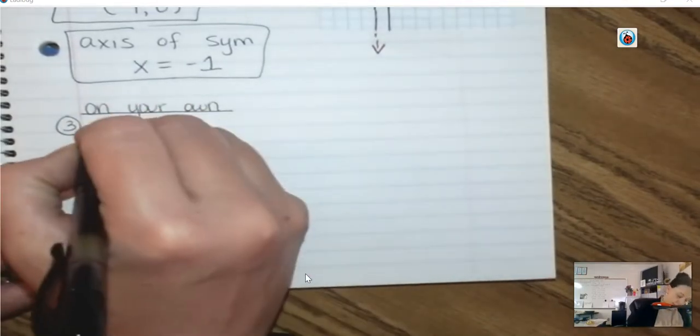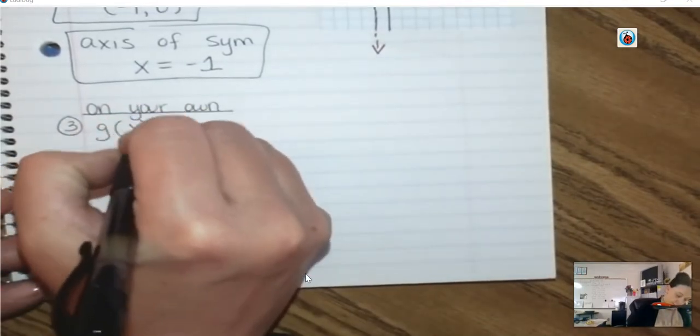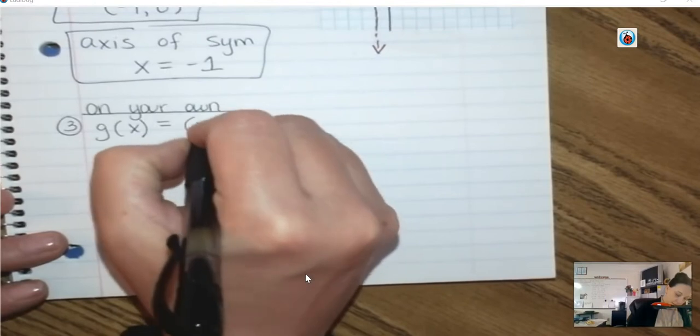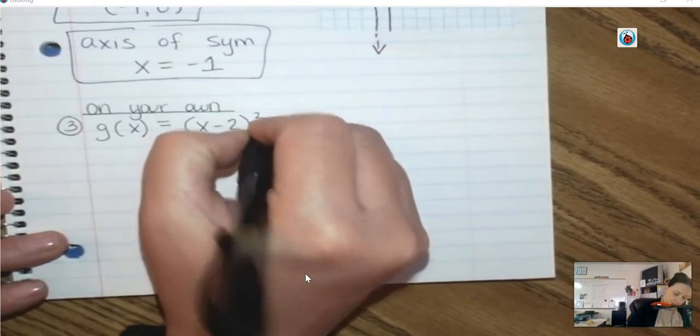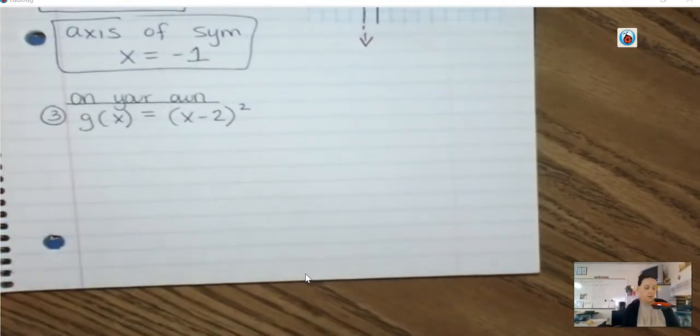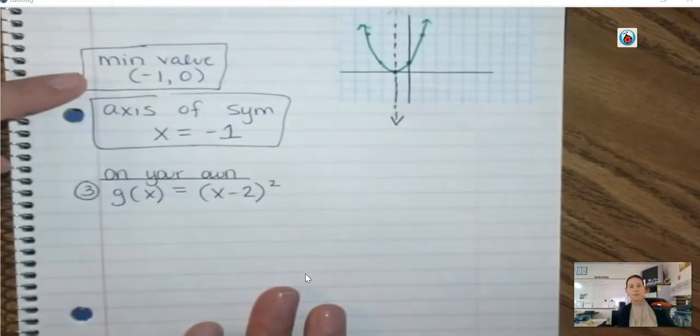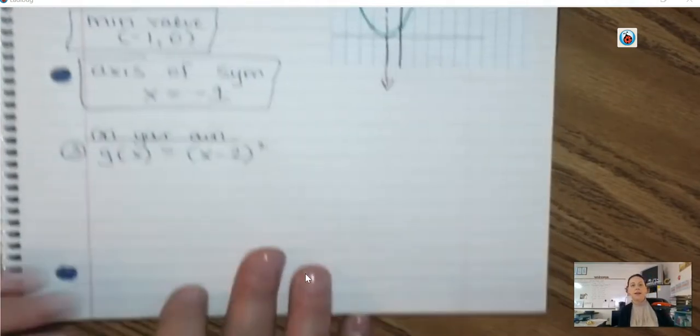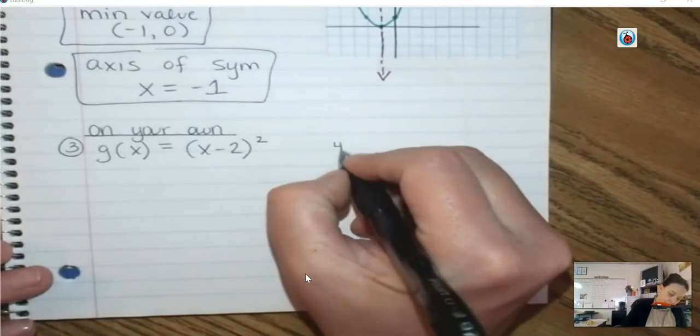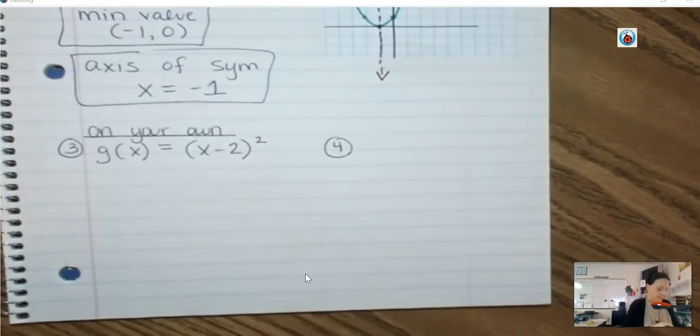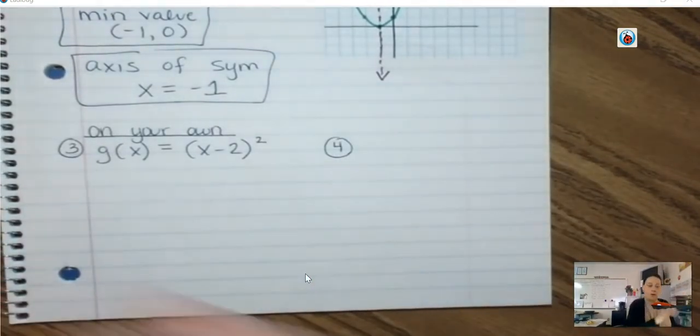Okay, number 3, g of x equals x minus 2 squared. Graph, state the minimum or maximum and the axis of symmetry. And then when you're done, number 4 will be up here as well. Okay, you can move around and go work with someone on this one.